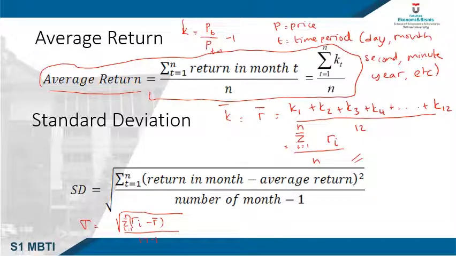Why is this standard deviation minus 1? Because we want to calculate the difference from the second one with the first, third one with the second, fourth one with the third, etc. But from 1 to 12, it means there are only 11 differences, right? So that's why in statistics, the standard deviation should be n minus 1.